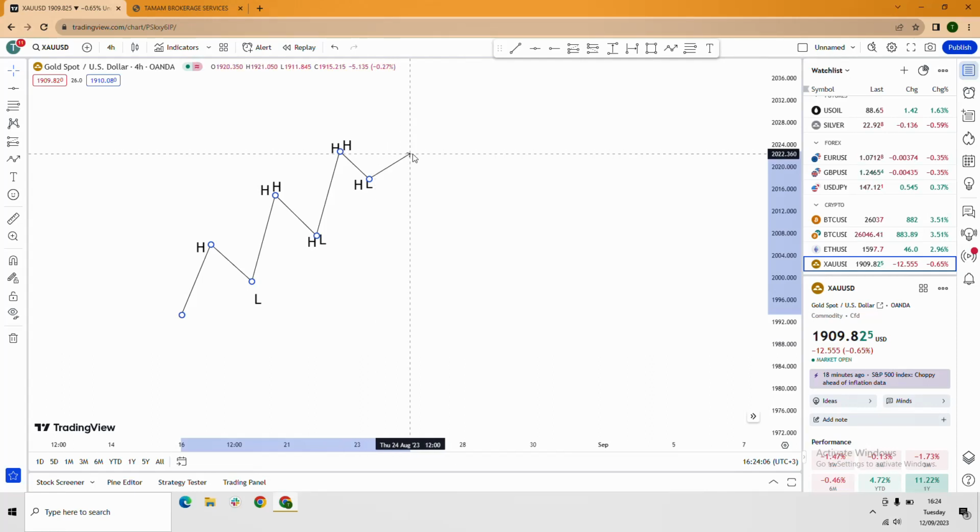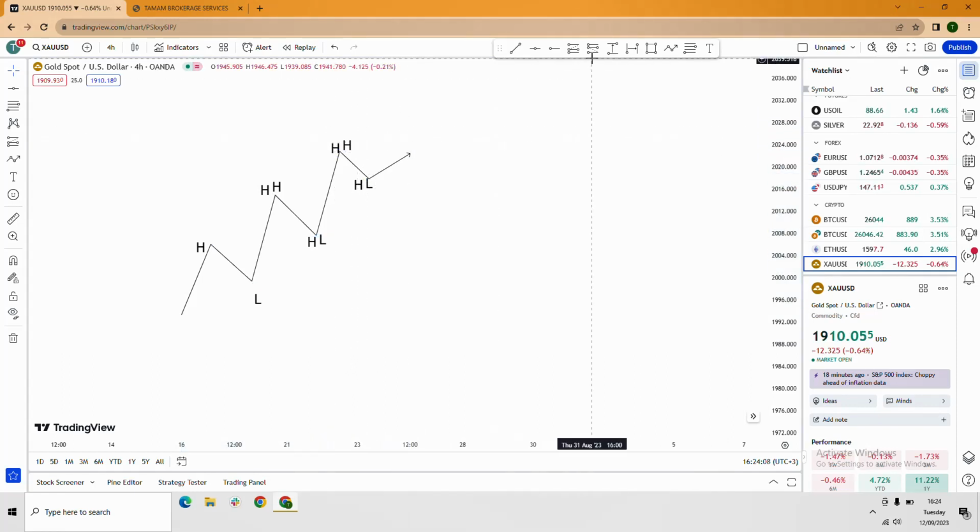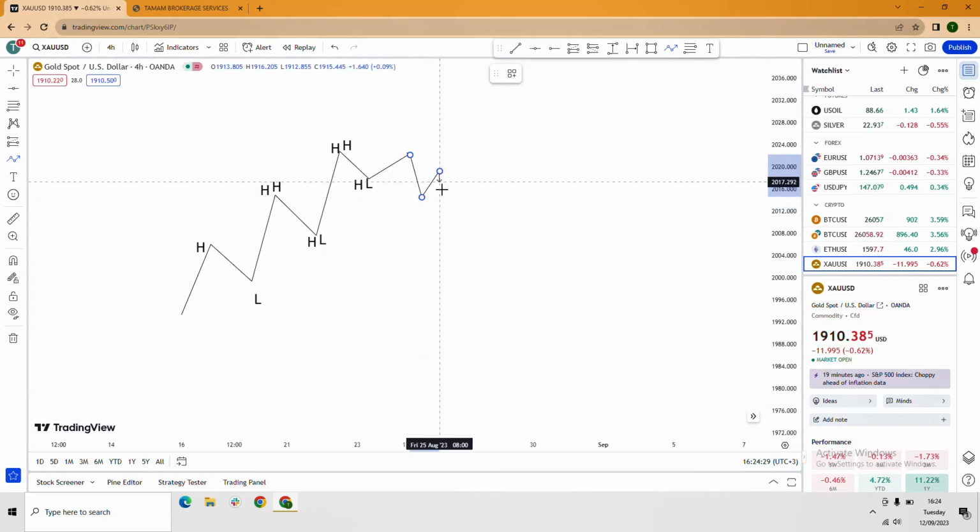If price fails to break the previous higher high and instead starts to have signs of dropping to the downside, or even breaks the previous higher low to create a lower low, then it pushes up to create a lower high.